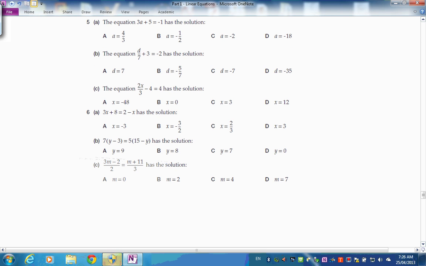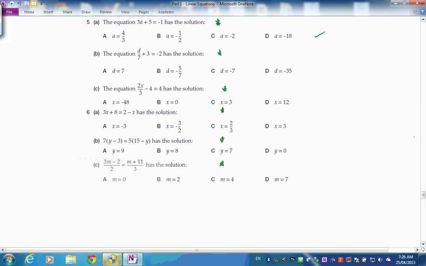Okay, so here are some more problems from Pearson's. Nothing new here now. What you are aiming to do here is to solve that equation and just pick out which of these is the correct solution. So you just do the normal thing in solving these equations and then picking out the solution.